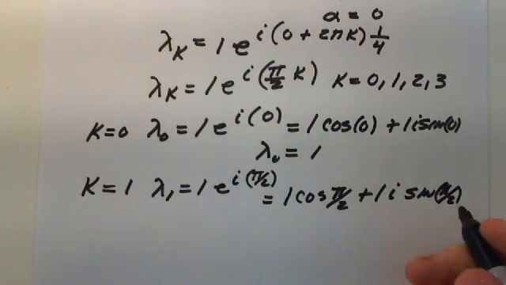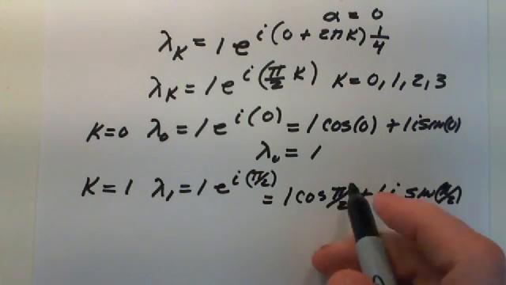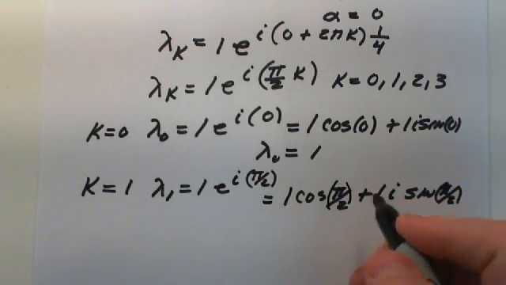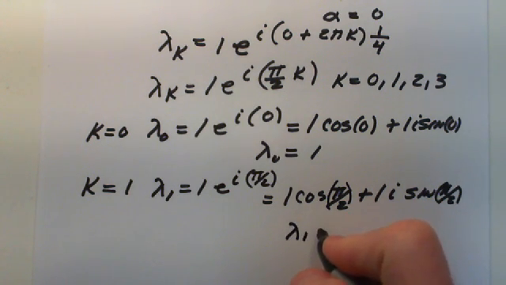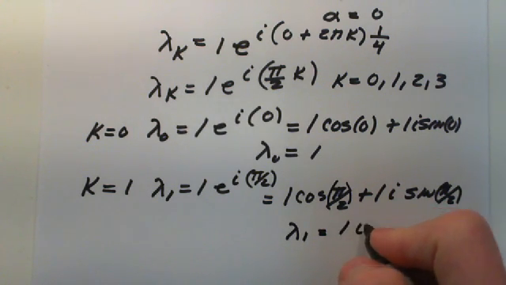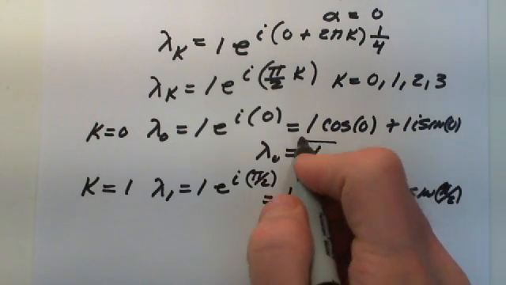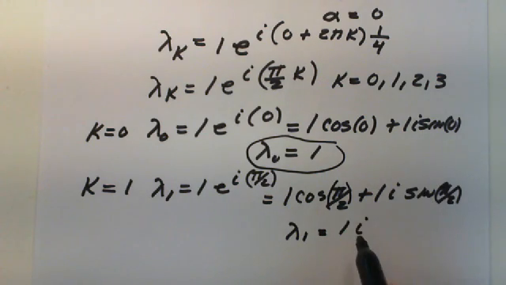When we solve that, this goes to 0 here, since cosine of pi over 2 is 0. So we're left with lambda 1 equal to just i. Alright, so let's go ahead and circle that. We got this one, and we have this one here.